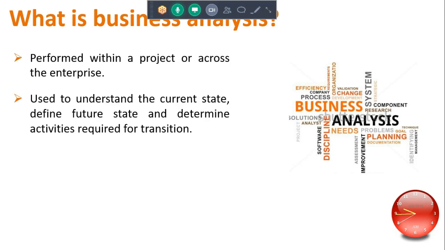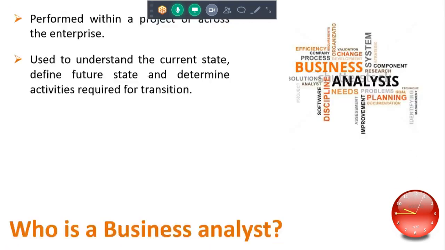If we're enabling change in an organization, then we need to know where we are and where we're trying to go. So it's about identifying those things, understanding those things, and being able to make those transitions from where we are to where we want to go.